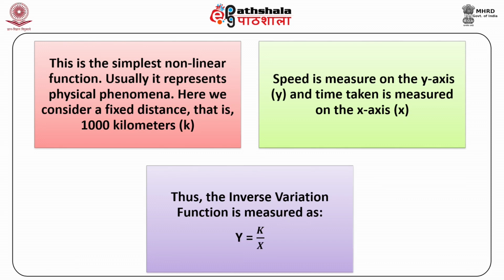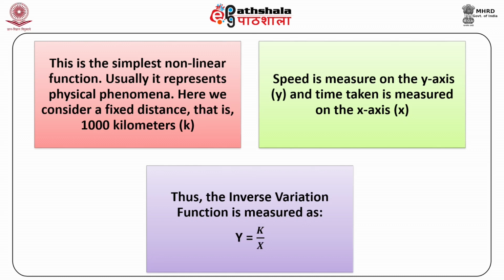Here we could consider a fixed distance, let us say 1000 kilometers, represented by k. The speed is measured on the y-axis, and time taken is measured on the x-axis.